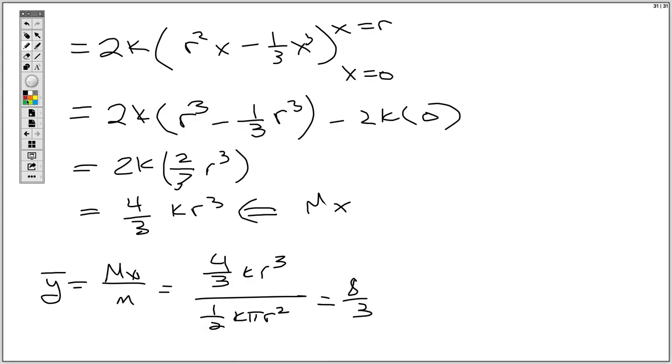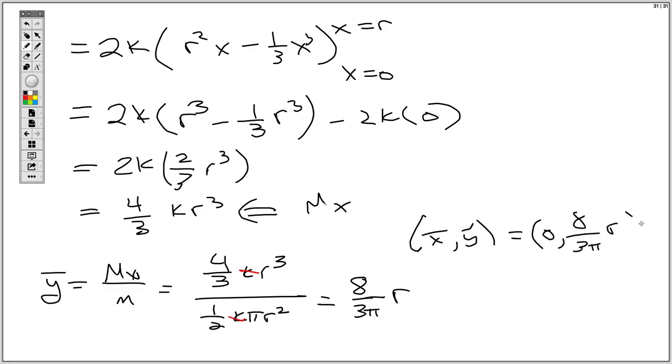You see the k's drop out. It's constant density, so that'll drop out. Looks like we got an r over pi. So it's 8 over 3 pi times r. So your center of mass, x bar, y bar, would be 0, and then 8 over 3 pi times r.